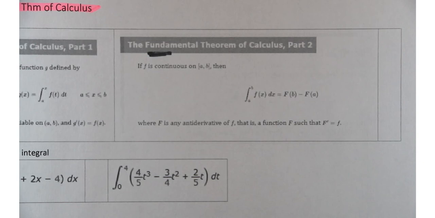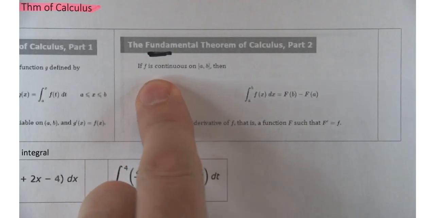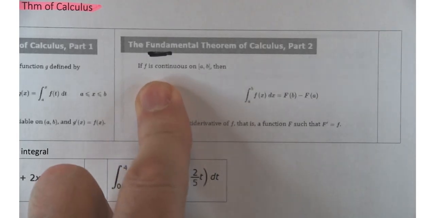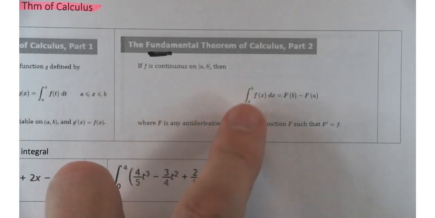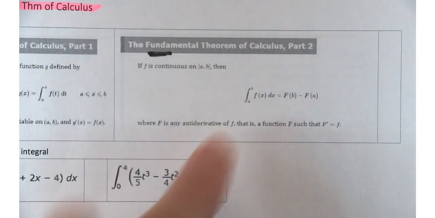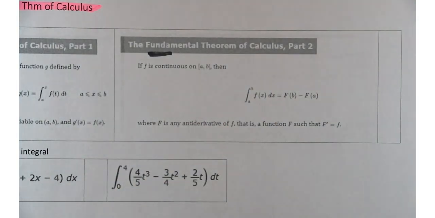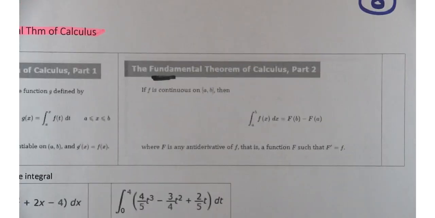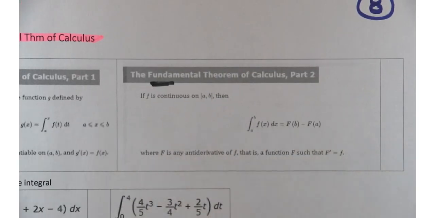So now, what this says is if you have a continuous function and you want to find this integral. Now, what's that integral represent in terms of a graph? The integral from a to b of f of x dx.